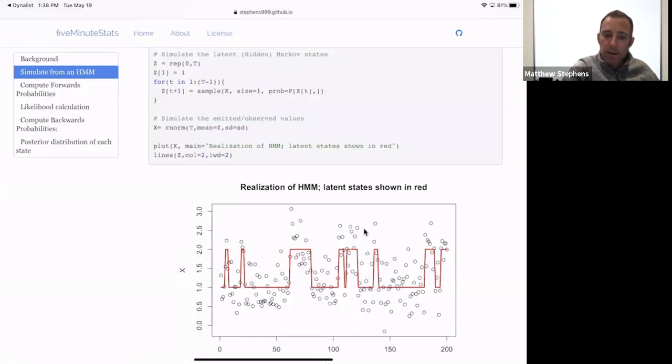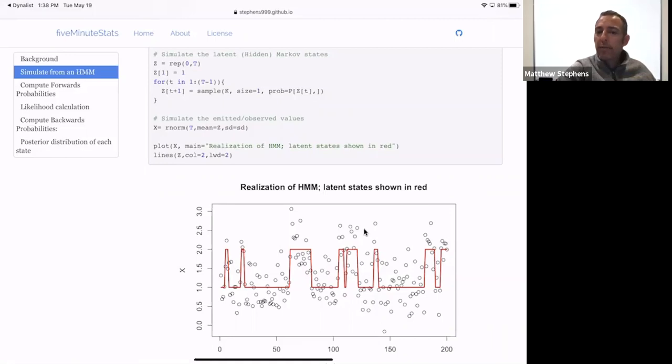And what you can see is the observations, those are the circles, right? Those are what we've got. And we're trying to infer the red line essentially from the black line. So you can also think of this as a smoothing or a change point problem. You're trying to identify the changes that occur in the mean of the X. In this case, we've assumed there are only 2 possible means.